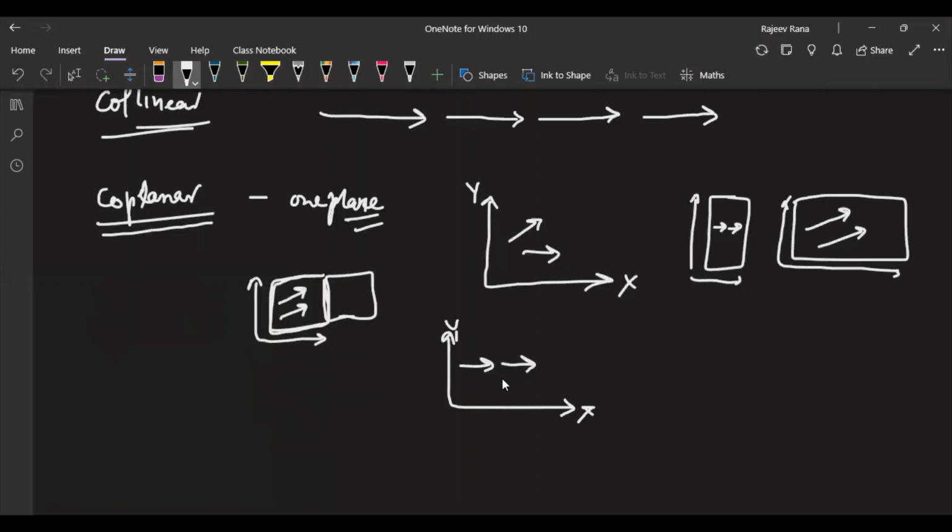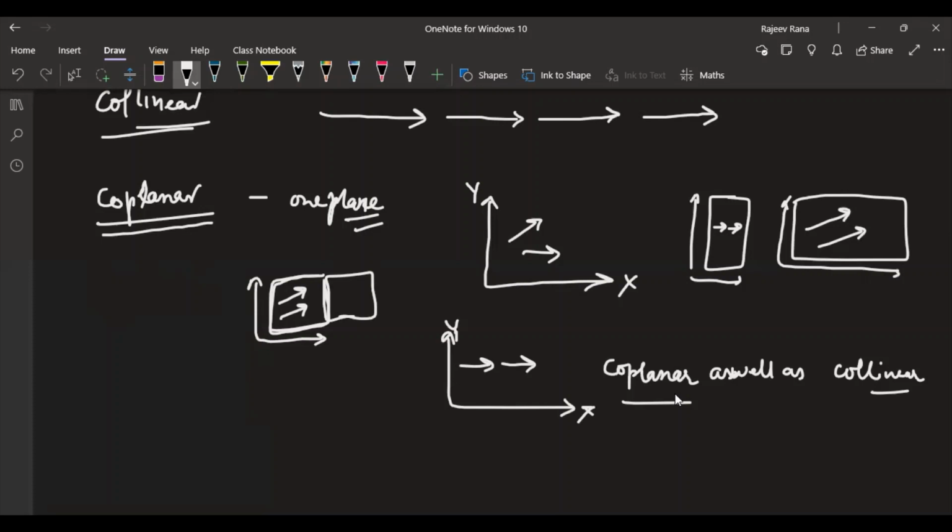These vectors are in a single line, so they are collinear vectors. And as such, they are on one plane, so they are coplanar as well as collinear. I hope it is understood.